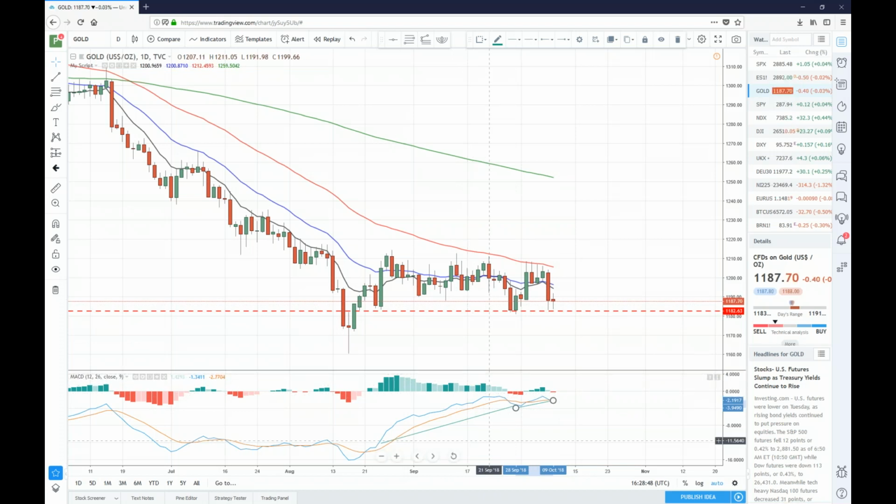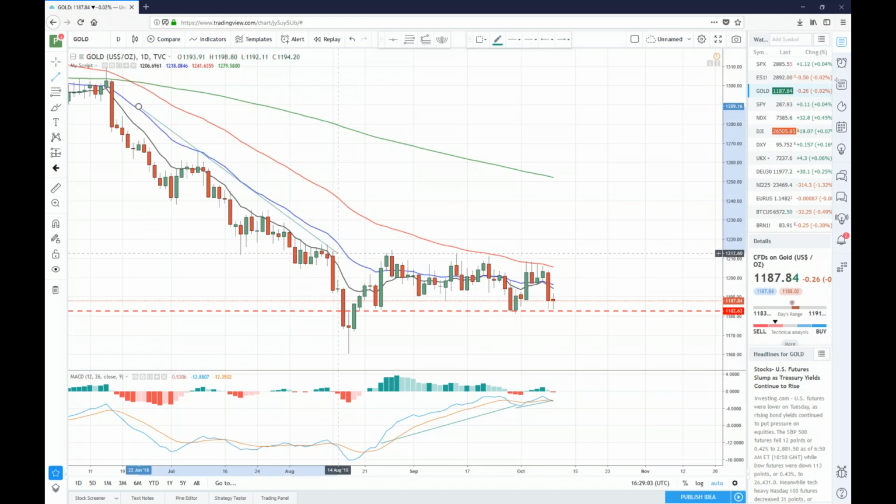Why do we have divergence here? Is this just a magical indicator and I just have to put that indicator on my chart in order to see what's going on there? No, not at all. Just compare the speed of the market here and now compare the speed of the market here.